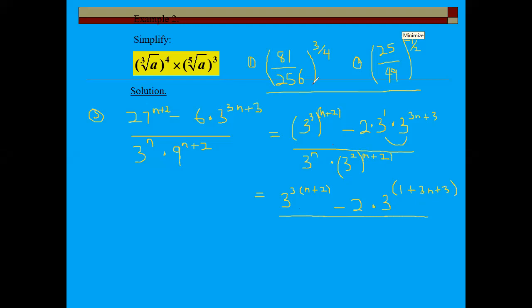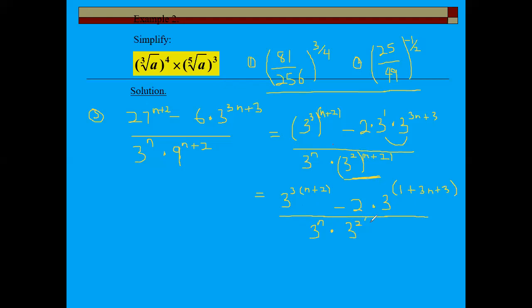Yes, sir. And also with the denominator, they also have the same base. So we pick one base and add the exponents. Let's simplify this before we do this one. So it will be 3 raised to the power 2n plus 4.